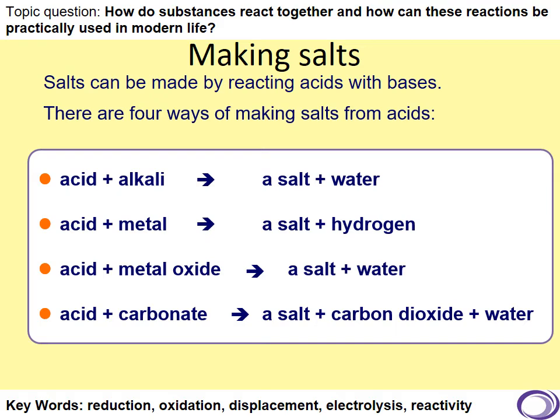So you can see in all of these a salt is produced. In all but a pure metal, water would also be produced. However, if we've just got a metal, we only get hydrogen. And with a carbonate, because we've got that carbon in there, we can also produce carbon dioxide.